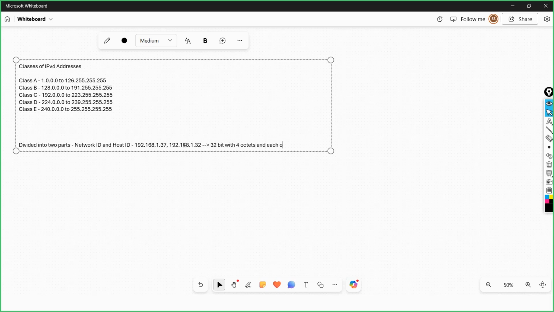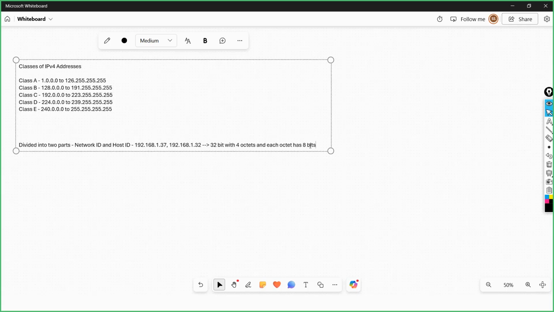Each octet has how many bits? Let's put it in the chat box. IPv4 address is a 32-bit address which we have discussed, and it has 4 octets. So each octet has 8 bits, right?